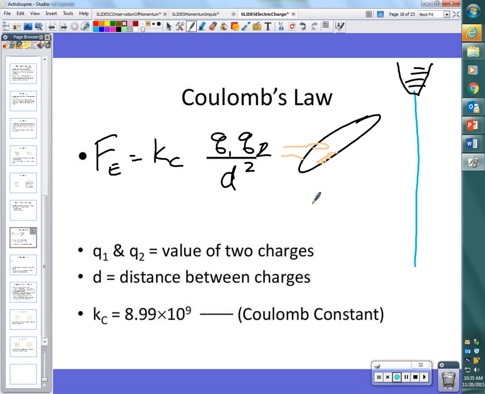So you rubbed it on the rabbit fur, and you gave it a bunch of negative charges. It kind of looks like a baguette. But anyway, it has a bunch of negative charges, and that makes the water do this. It bends towards it.